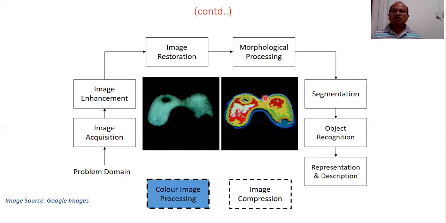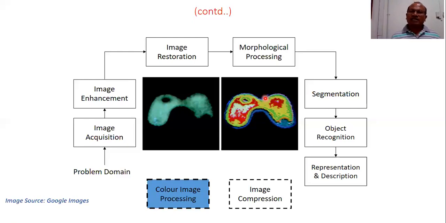These are the areas where color image processing is actually used. So this was the discussion on digital image processing and its components.